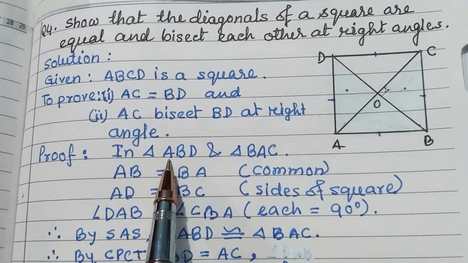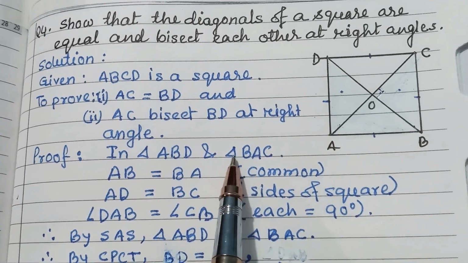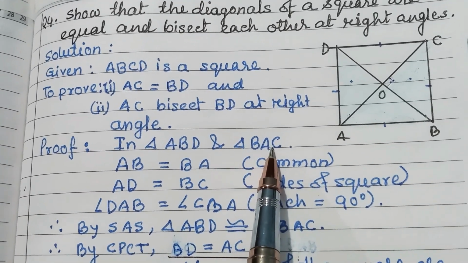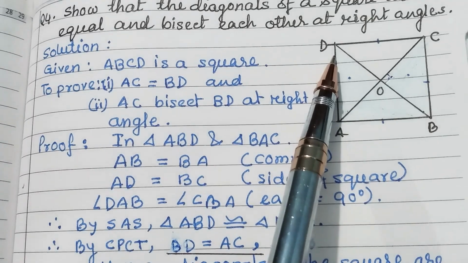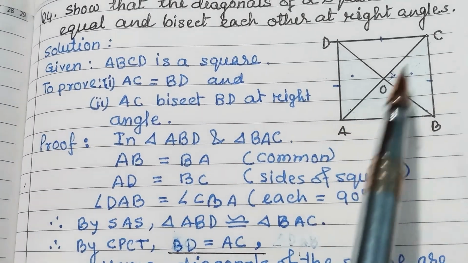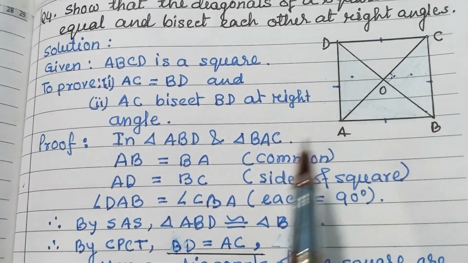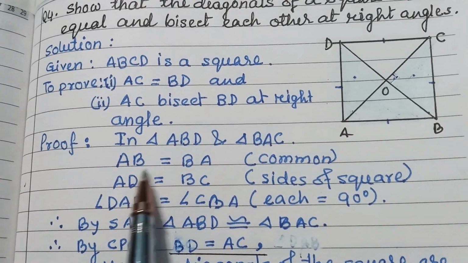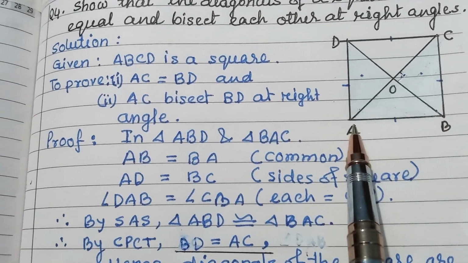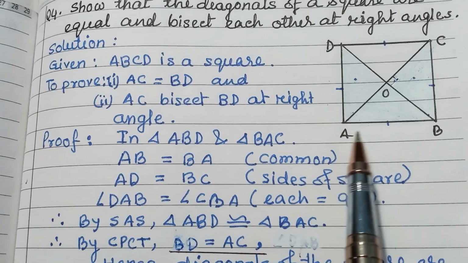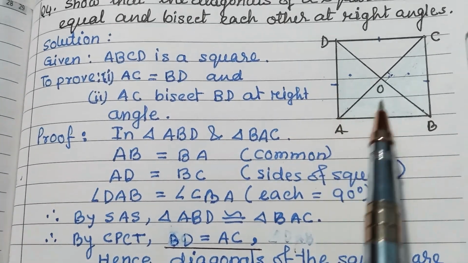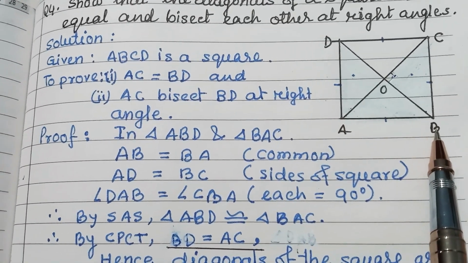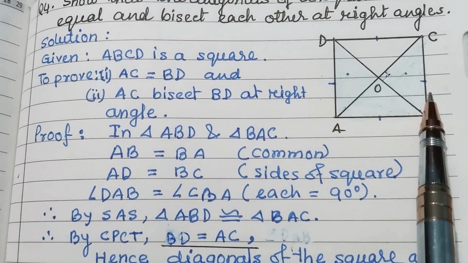First one, in triangle ABD and triangle BAC, these two triangles. Now AB is common, AB is equal to BA. Next, AD is equal to BC. These two sides are also equal because it is a square.